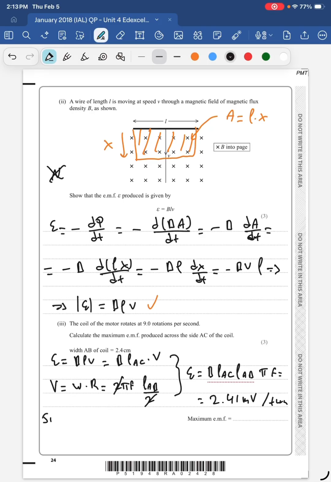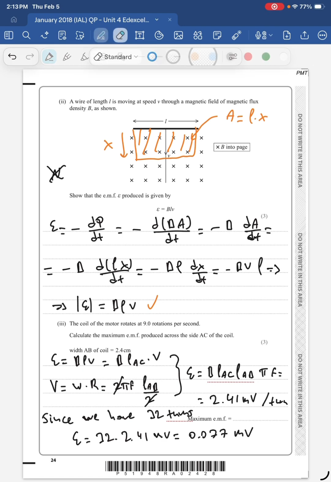Since we have 32 turns, the final EMF is 32 times 2.41 millivolts, so that's 0.077 volts. All right, that's the answer.